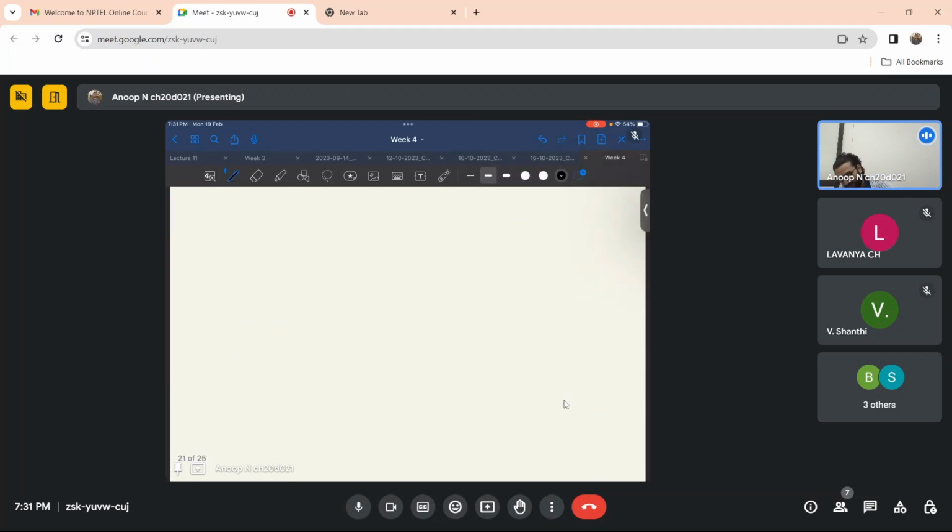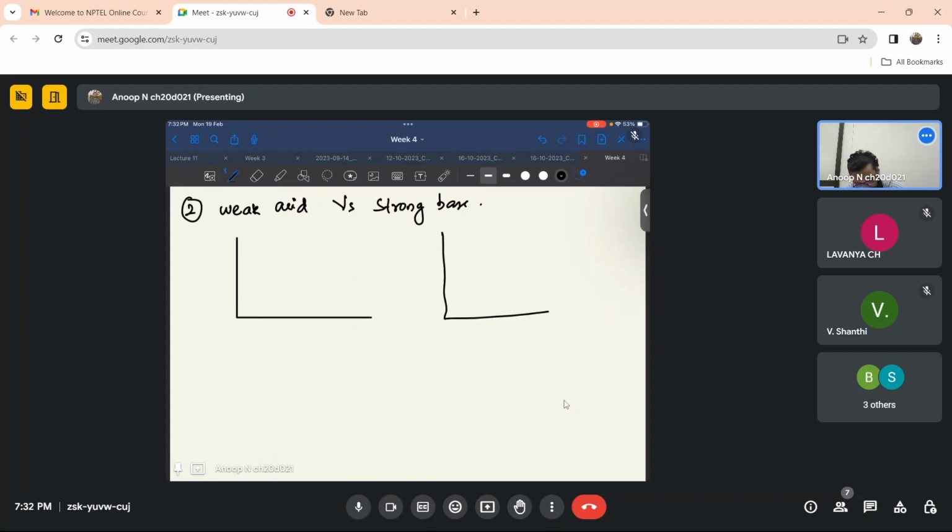Then what was the second type of titration? Weak acid versus strong base. So the plots will be pH versus VNaOH and delta pH.